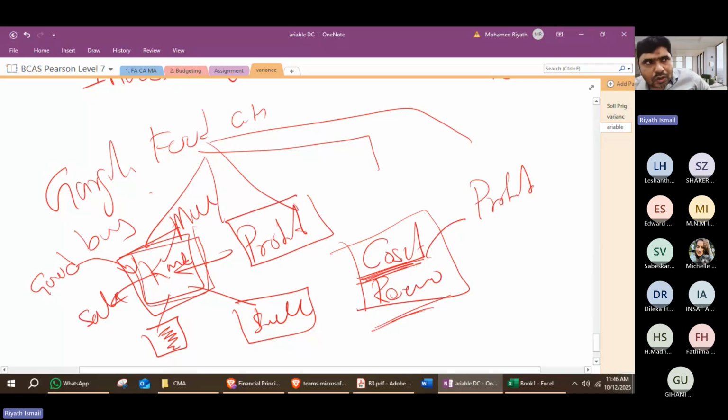So this is a profit center. Is it clear? The differences: cost center, revenue center, and profit center. Cost, revenue, profit. Is it clear?